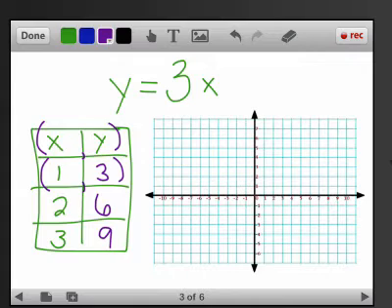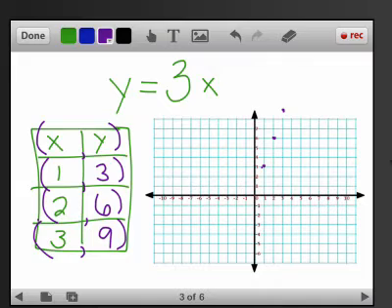So I go over 1, up 3, and I leave a mark. 2, 6. I go over 2, up 6, and I leave a mark or a dot. And my last one, 3, 9. Over 3, up 9, which goes a little bit off my chart, about right there.